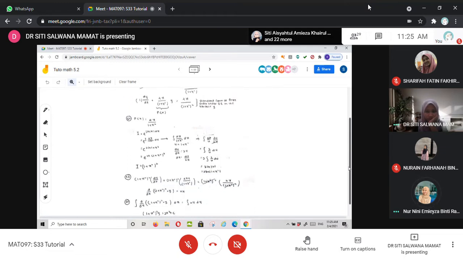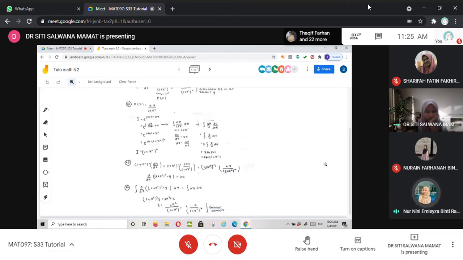Now we can use the formula, exponential of the integral of p of x, to find the integrating factor. So to integrate p of x, I use the substitution method where u is equal to 1 plus x square. And then we get the answer 2 ln 1 plus x square.